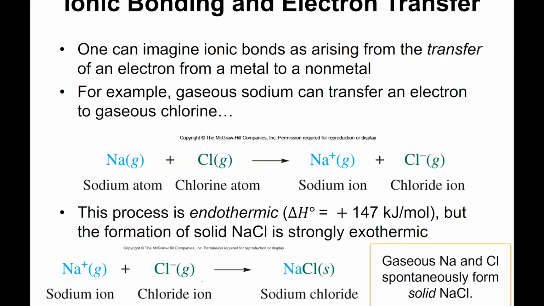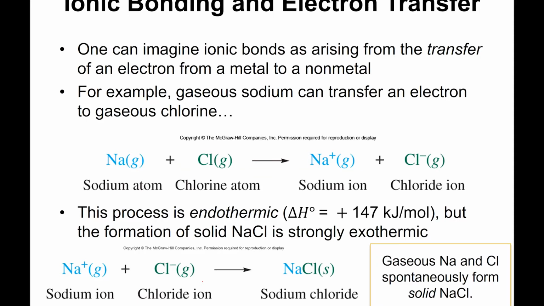Okay. One can imagine generally that ionic bonds arise from the transfer of an electron from a metal to a non-metal. Usually this is the case, from a metal to a non-metal. In an example here, we can talk about gaseous sodium. So think about sodium. Is it a metal or a non-metal? Think about that.